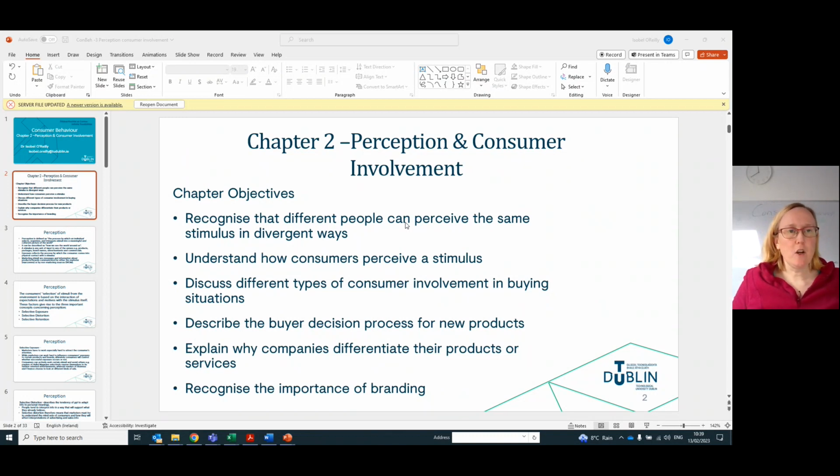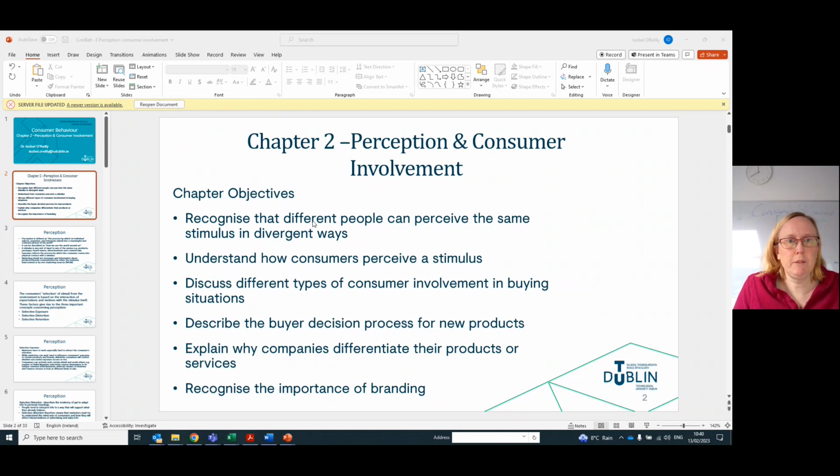Obviously, all of these concepts you've covered before, we're going into a little bit more detail, putting it into context with the wider module, consumer behavior, and how our understanding of what's going on with the customer will help us give them what they want.